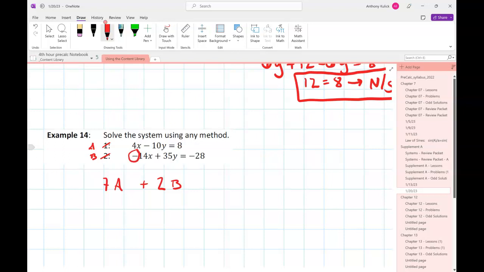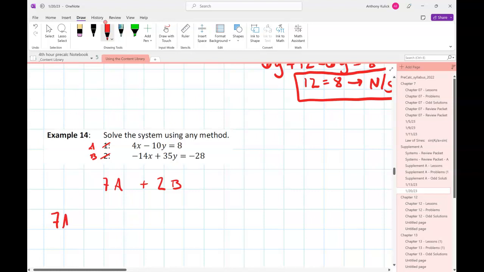Everybody's happy with how we came to that? 7 times 4 is 28. 2 times 14 is 28. That'll do. If you'd multiplied equation A by 14 and equation B by 4, would that have worked also? Yeah, sure, the numbers are a little bit bigger. It's a little bit crummier to deal with, but it still would work.